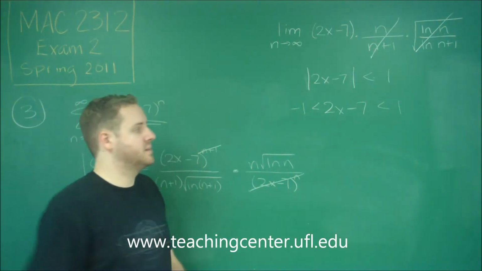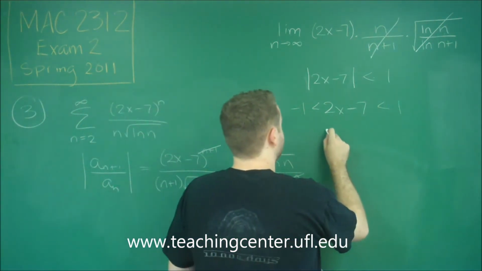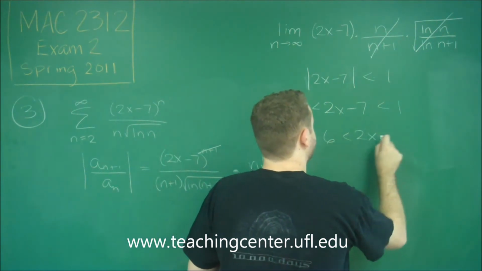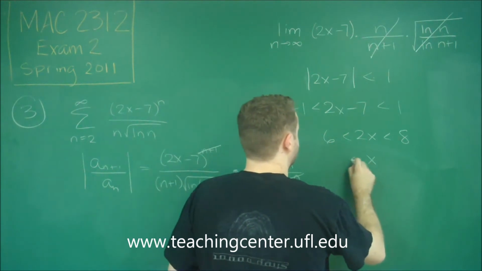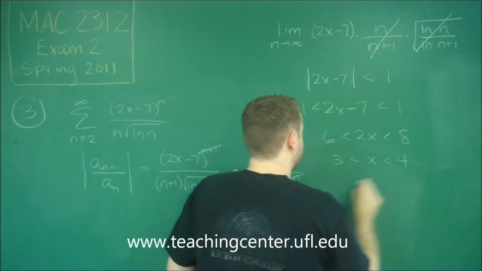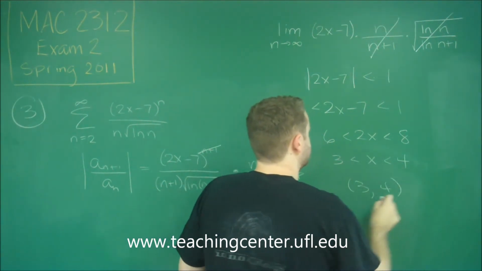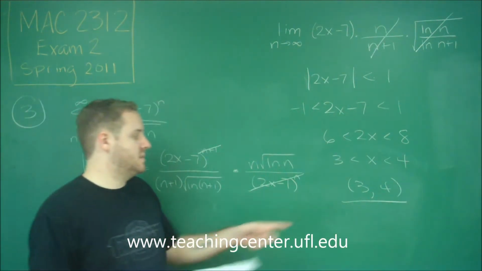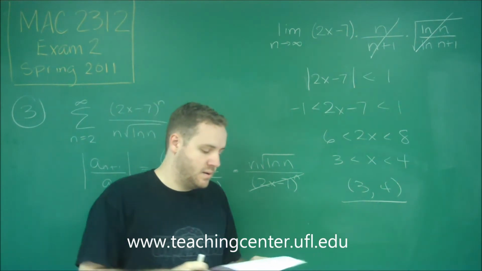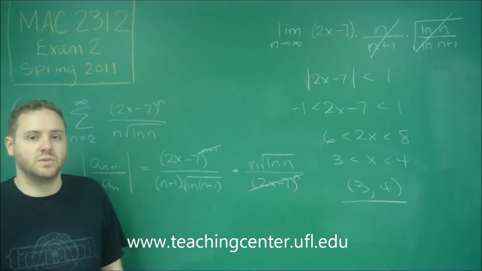So now we just solve for x: add 7 to both sides, we get 2x is in between 6 and 8, and divide by 2. You get that x is in between 3 and 4. Written as your interval of convergence is right there. So any x between 3 and 4 will converge.